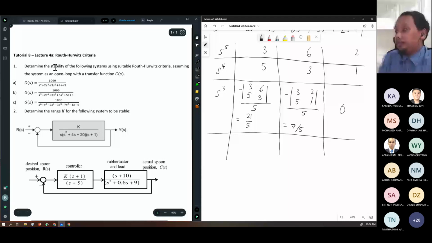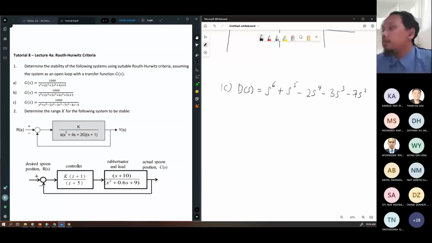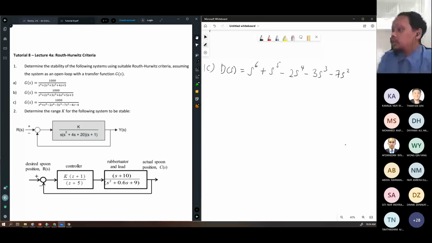Tutorial 1C. Okay, so the denominator is okay. So now we can generate the table.